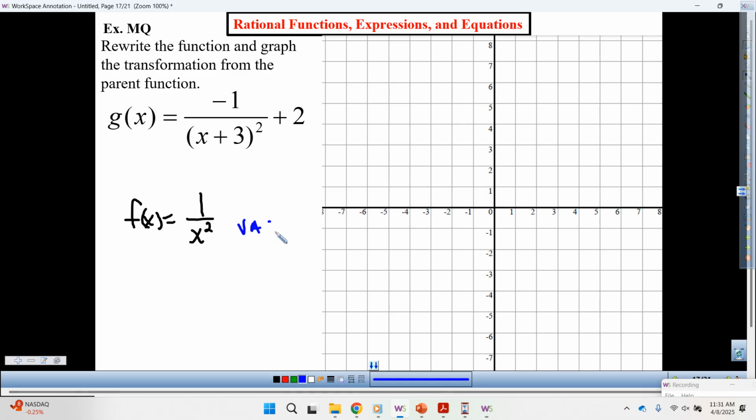And we got the VA 0, HA 0, okay? For the parent functions, it's always 0 because if you notice here, there's nothing next to the x, and there's no constant here at the end. That's why it's 0.